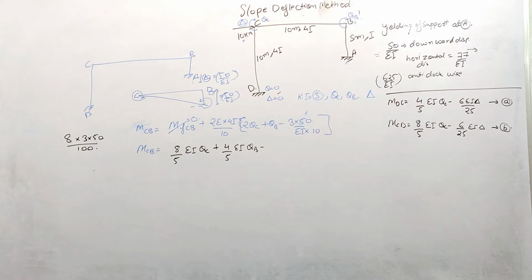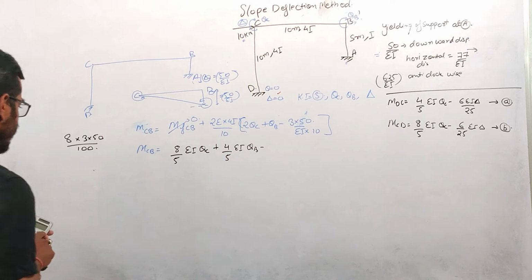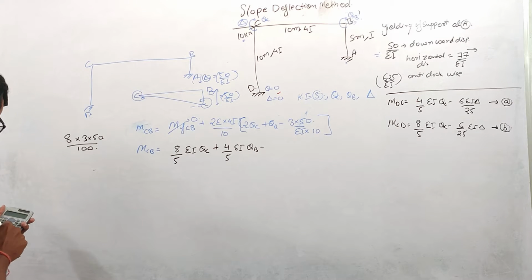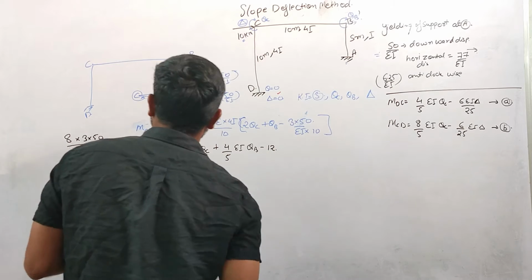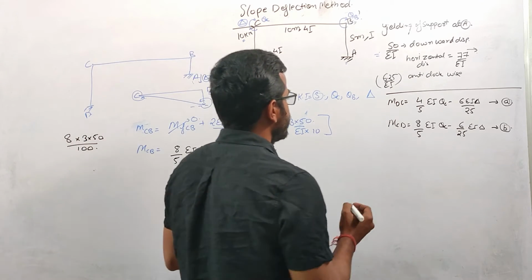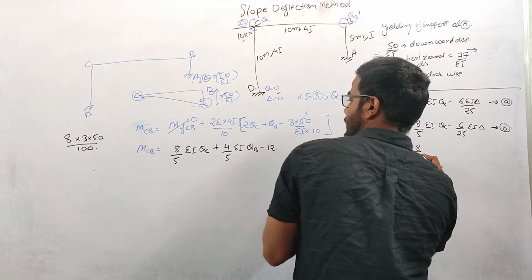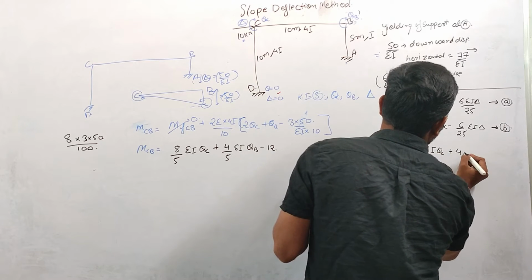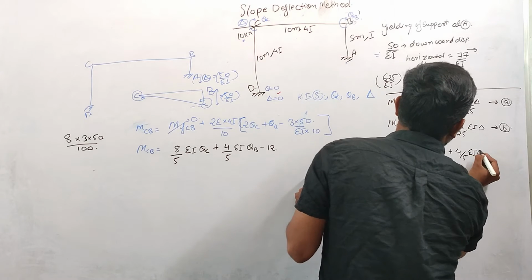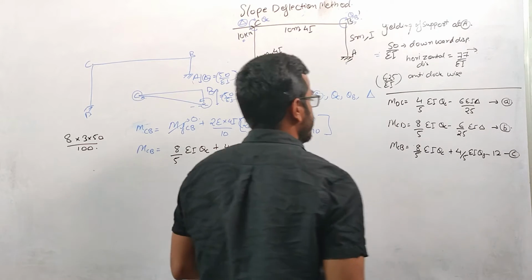Okay, if we solve this thing, this is 2 into 4 is 8 multiplied by 3 into 50, so 8 into 3 into 50 over 100 is equal to minus 12. Okay, so next equation is MCB is equal to 8 over 5 EI theta C plus 4 by 5 EI theta B minus 12. Let us term this as equation C.